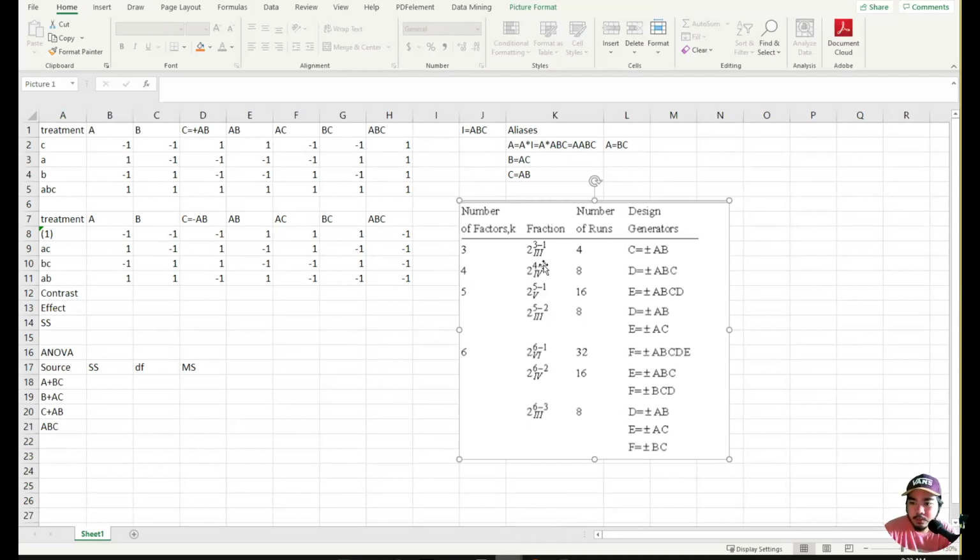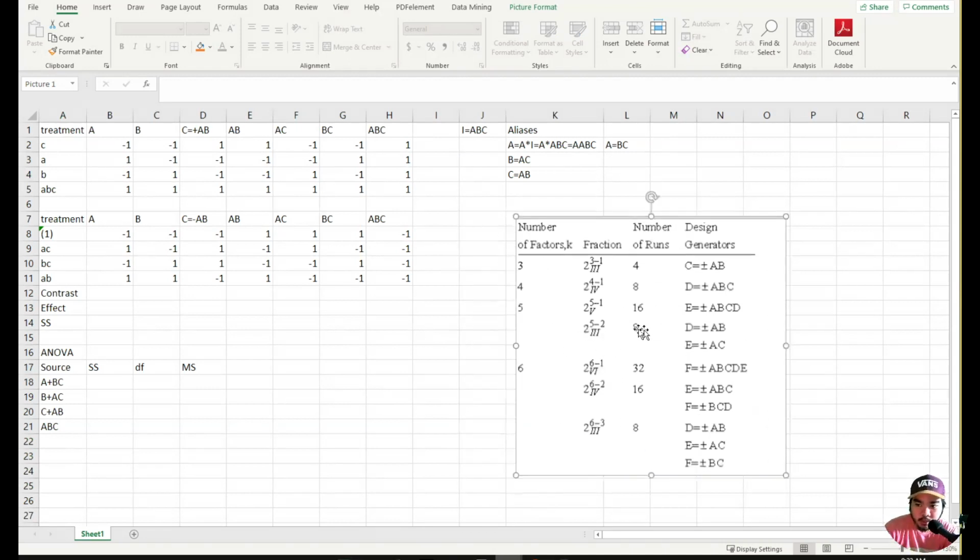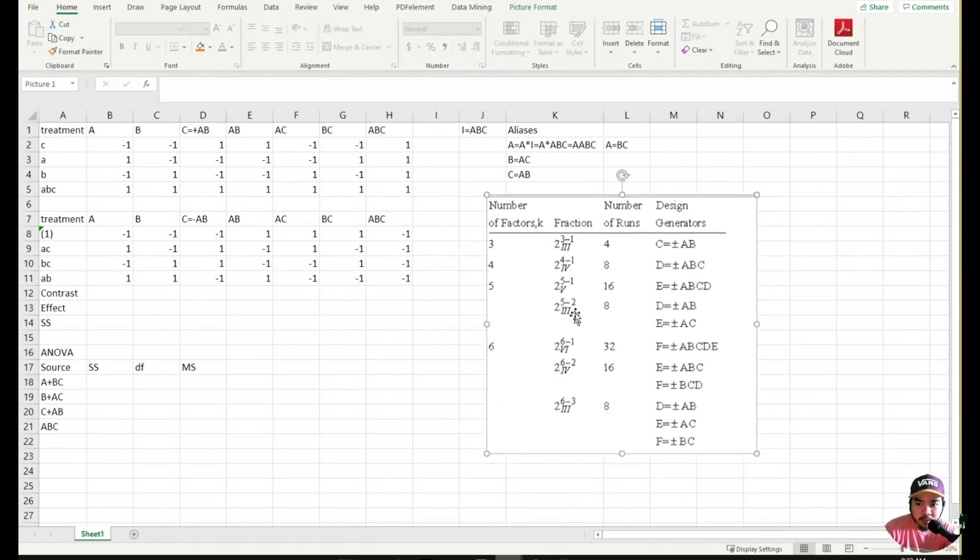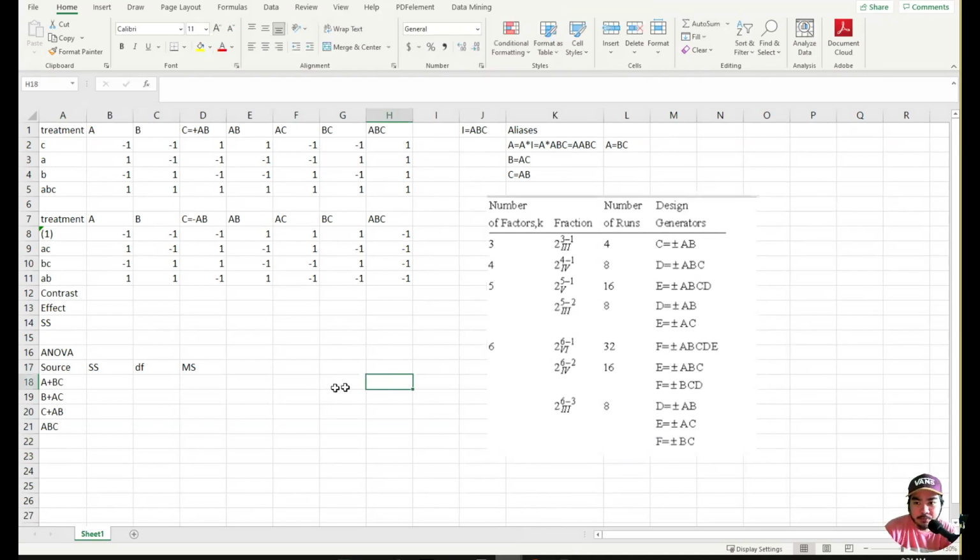Or 4 minus 1. Original 32. Sige, kaya naman to. 2 to the 5 minus 1. Let's do 2 to the 5 minus 2 para lang makita nyo kung paano yung merong 2, I mean 2 defining contrast. Okay?